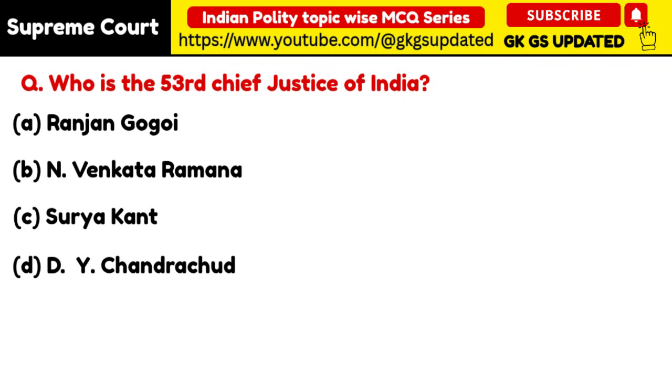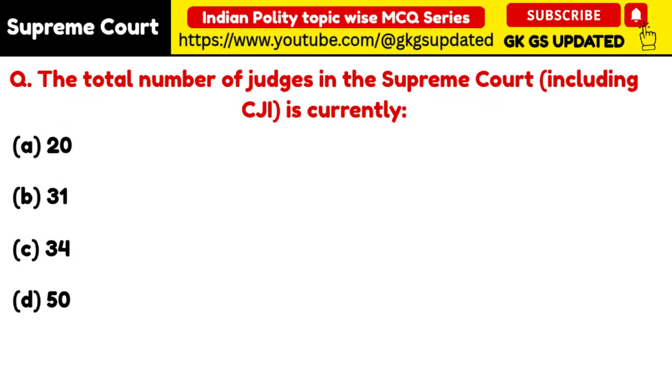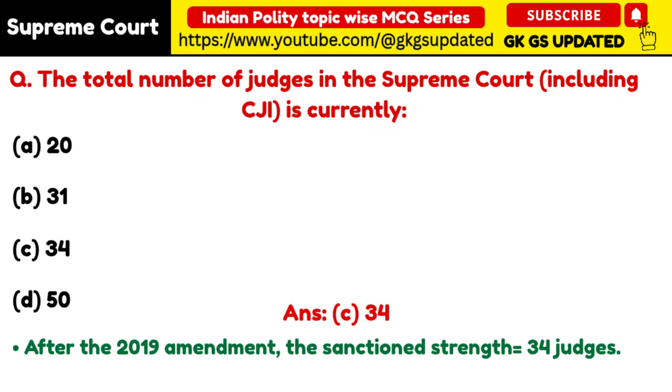Who is the 53rd Chief Justice of India? Correct answer, Surya Kant. Next question. The total number of judges in the Supreme Court is currently? Correct answer, 34. After the 2019 amendment, the sanctioned strength is equal to 34 judges.